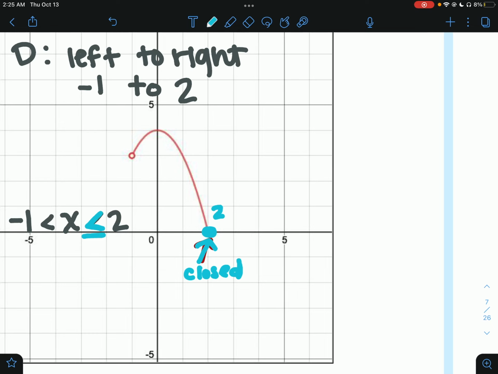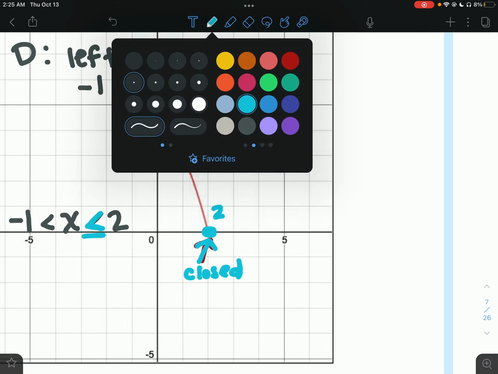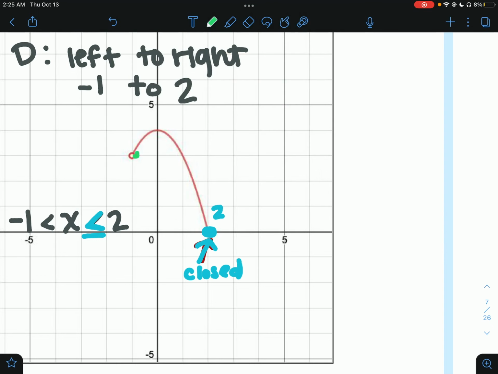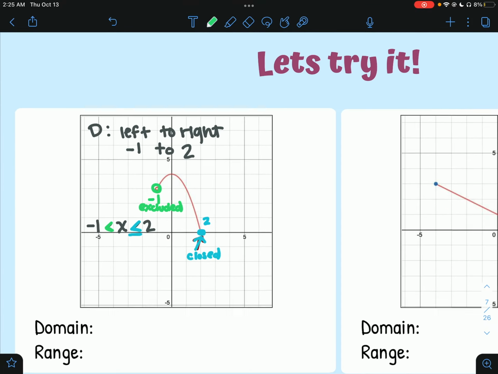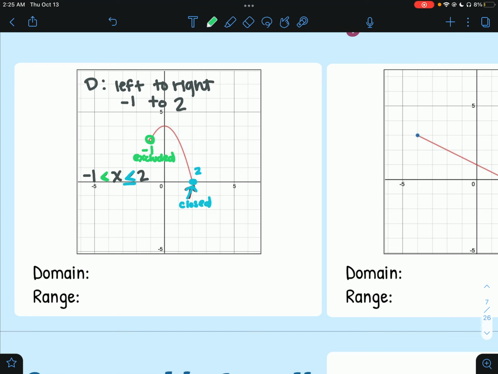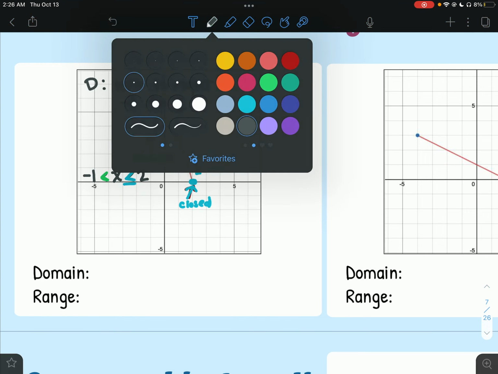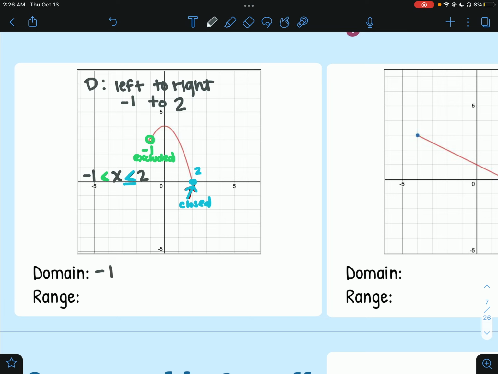This should be a less than or equal to. The other end is an open circle. So at -1, it is excluded, meaning it's just less than, no equal to. So with that, we have our domain. We should be able to write it out down at the bottom: -1 is less than x, which is less than or equal to 2.